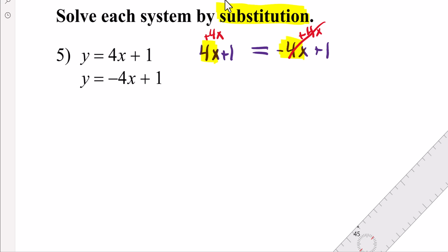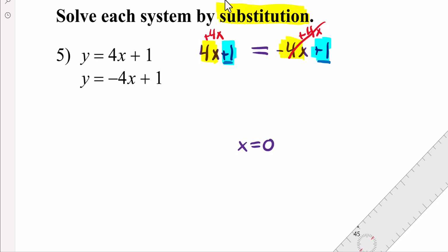Some of you might have said, well, Mrs. Bowe, we didn't even have to do that. Look, they both have a plus 1. So let me go ahead and pause right there. A more important or a cool skill to have is when you have two equations set equal to each other, and when the constant values are identical, we know right away that the x value will equal 0.